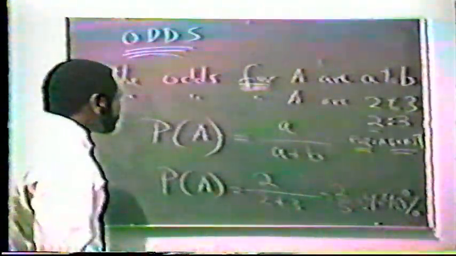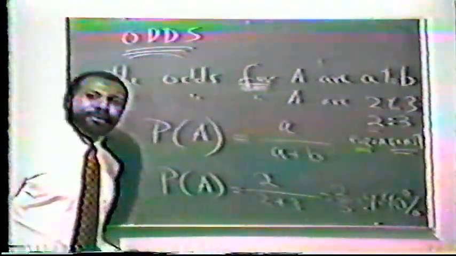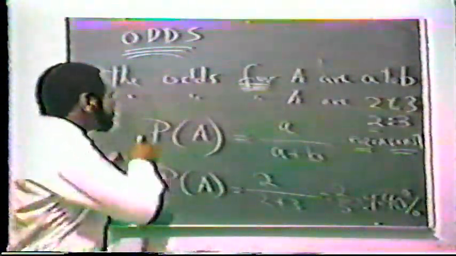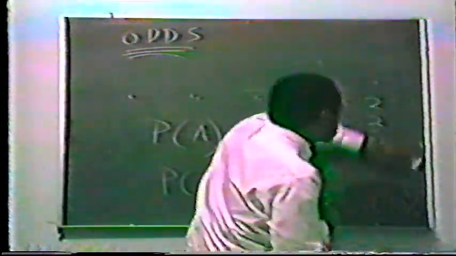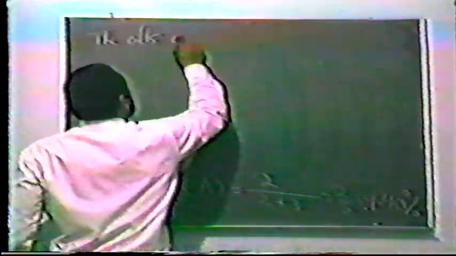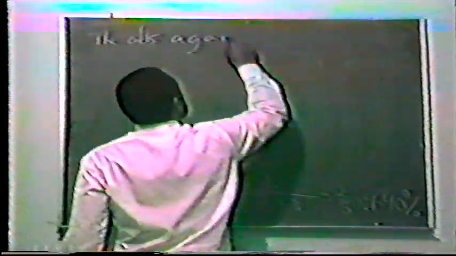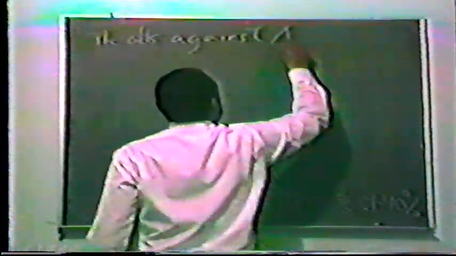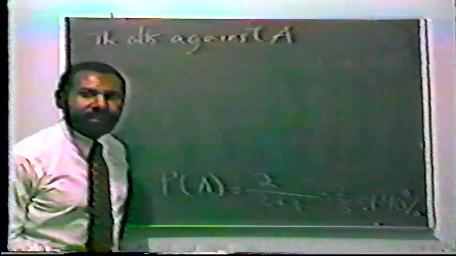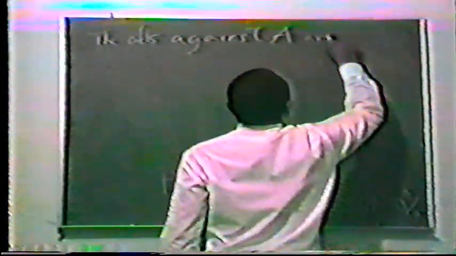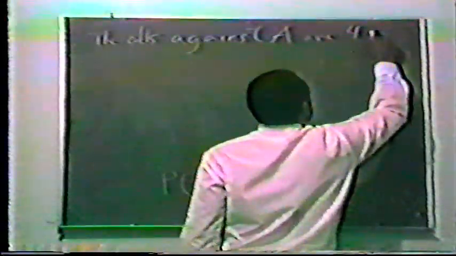Now, suppose we have the problem written in another form. Instead of the odds for A, suppose we have the odds against A. Suppose we know that the odds against event A happening are, let's say, 4 to 5.